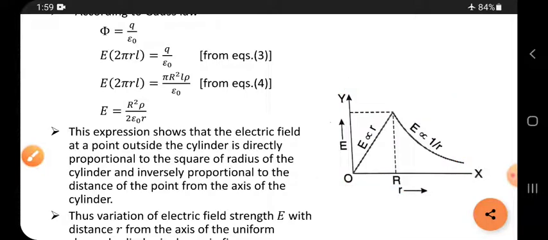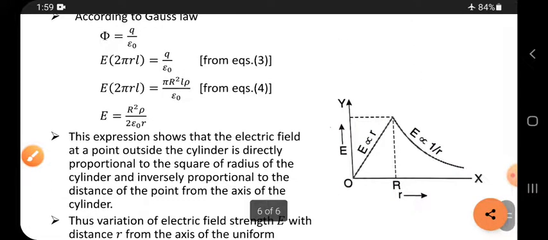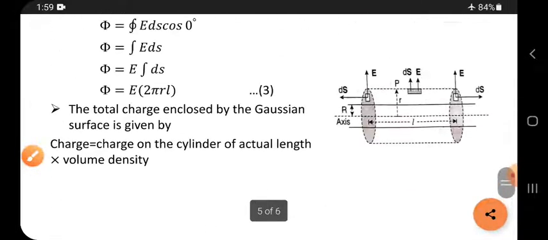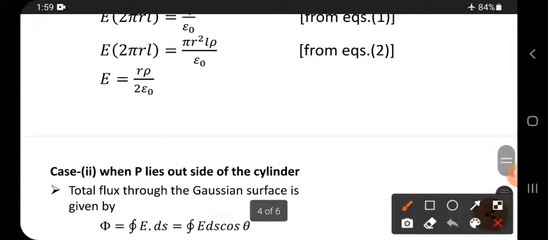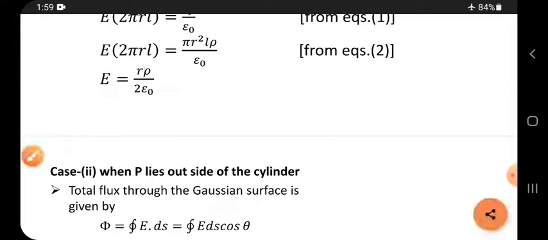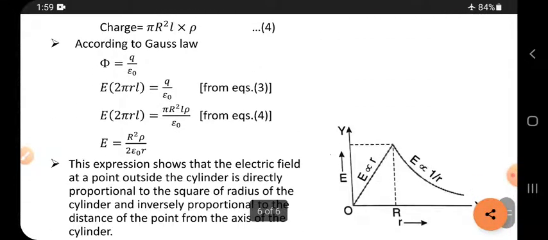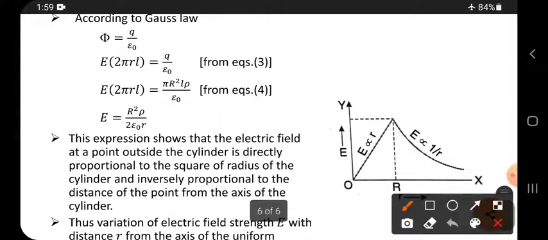And see, the first equation is what? In the second equation, the relation between E and small r is inversely proportional. The first relation, between E and small r, is directly proportional. That means in the beginning, when the point lies inside, as the r value increases, the E value also increases.